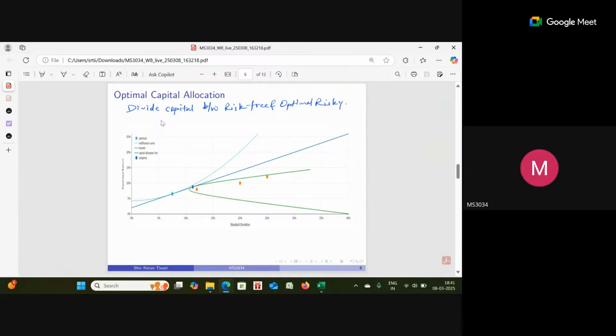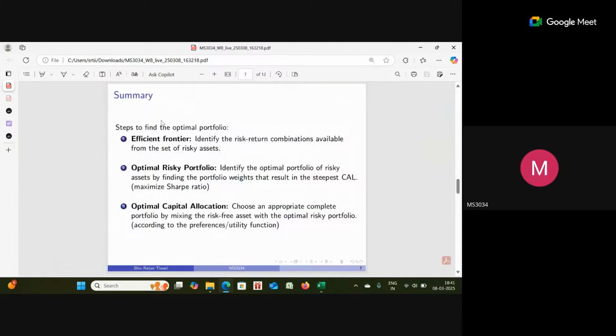Okay, so this is the whole process of portfolio theory, and let me summarize it. There are three main steps. First, you find the efficient frontier. You identify all the risk-return combinations available from the set of risky assets.